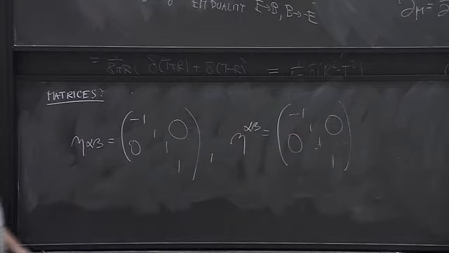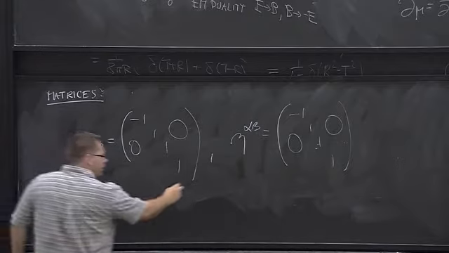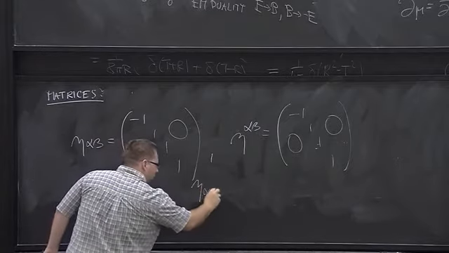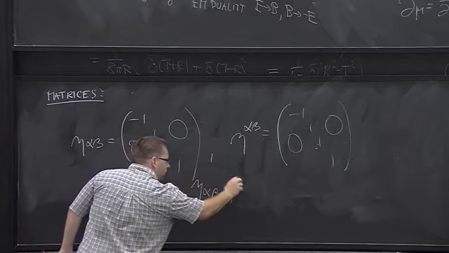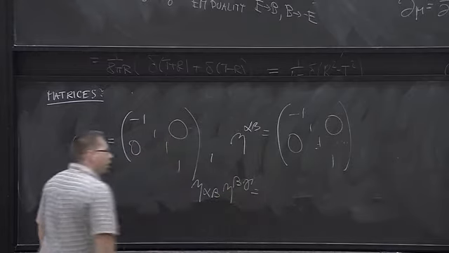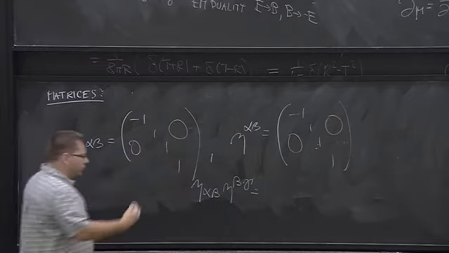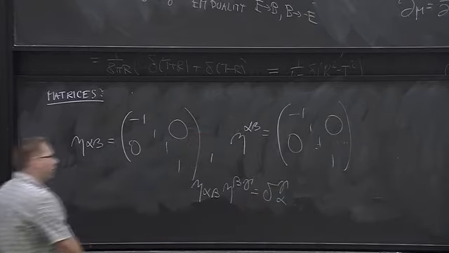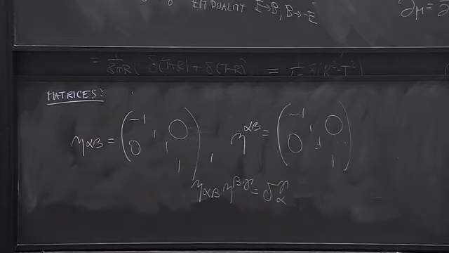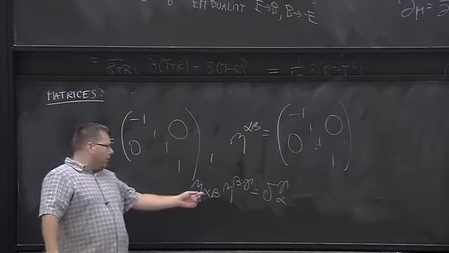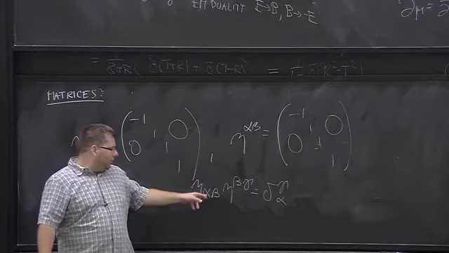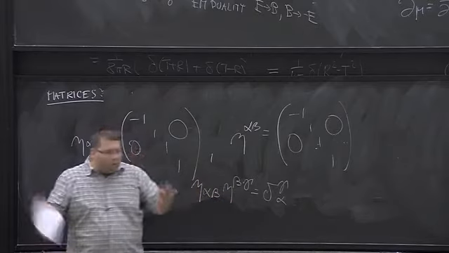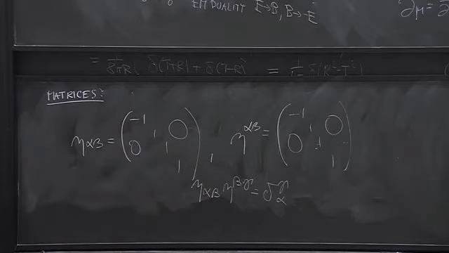And these are inverse matrices, meaning that if I sum over the index, eta alpha beta times eta beta gamma, I just get delta, the unit matrix, delta alpha gamma. Of course, I can sum over the other index as well, over any index. It will be true. Okay.